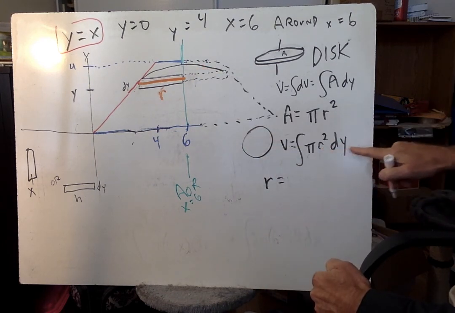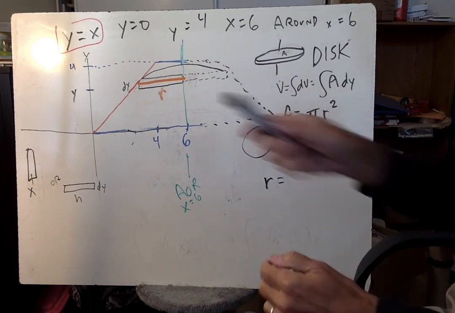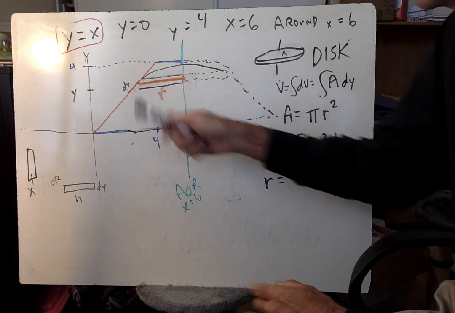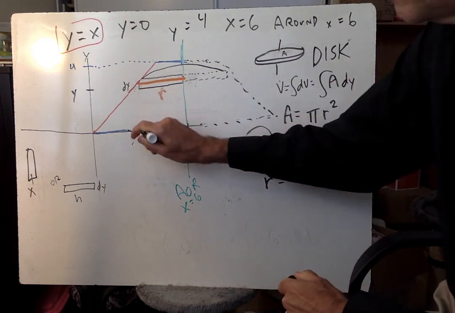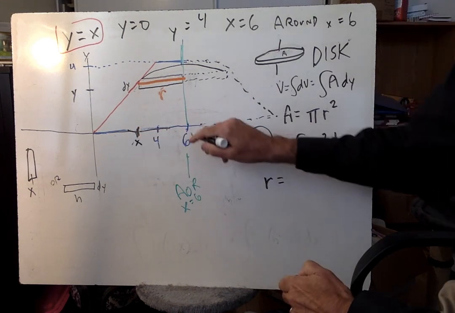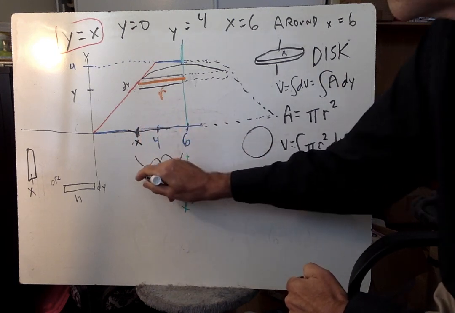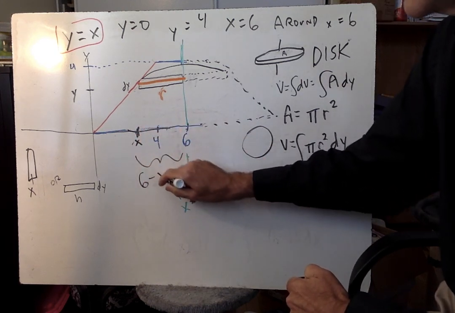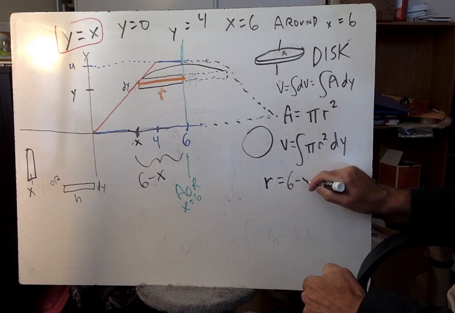The problem is you've got two letters here, R and y. So now you need that R as a function of y. The R is from here to here, and it's similar to the previous one. If you call that value there x, from here to here, that's 6 minus x, just like before. So R equals 6 minus x.